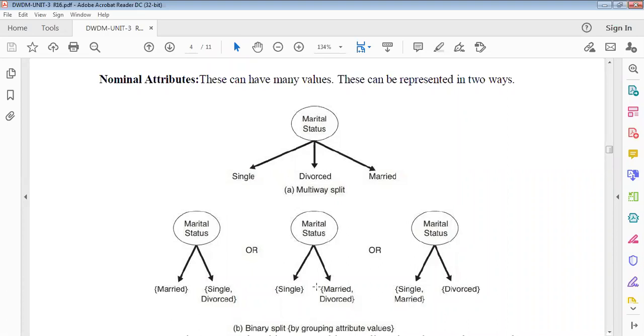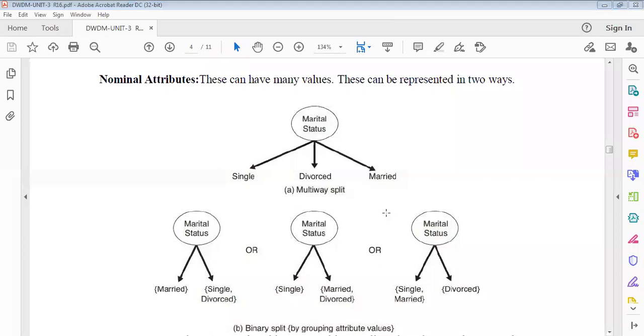So for marital status, consider single and married, each taken as true or false. Divorced is taken as true. In this way, we represent the binary splits. That is the grouping of attribute values. Whenever we find test conditions, we apply them to the nominal attribute.